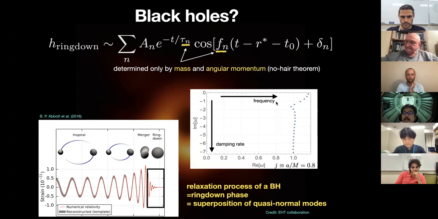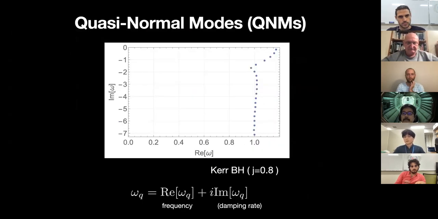The real part is the frequency f_n, and the vertical axis represents the damping rate 1 over tau n. This mode is called the fundamental mode.